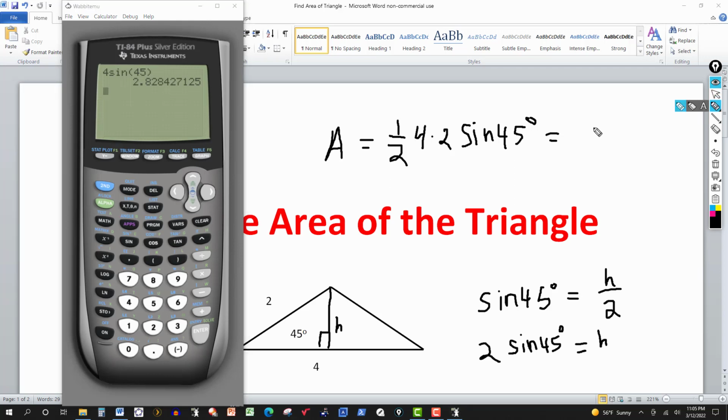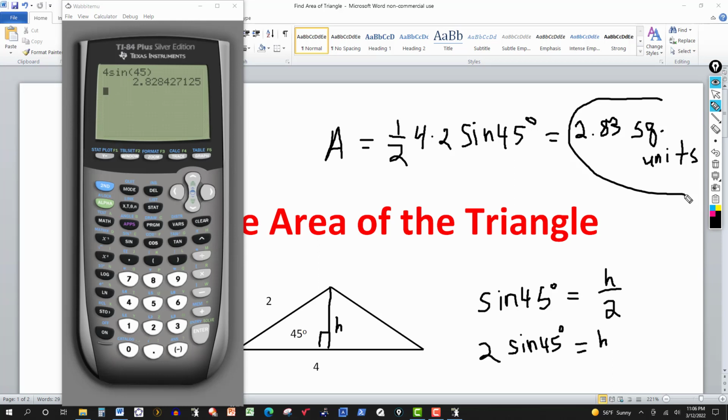And we get 2.83 square units. So this will be our answer.